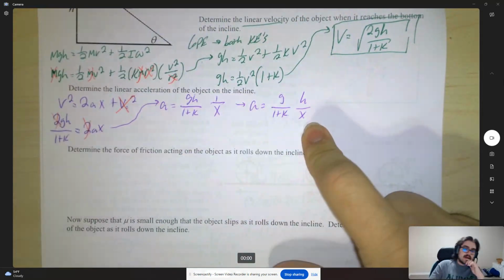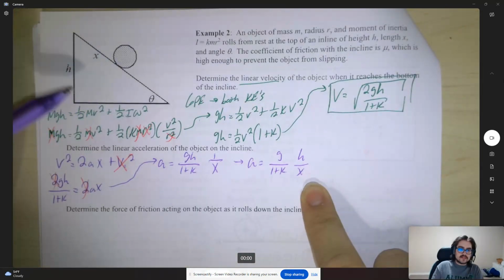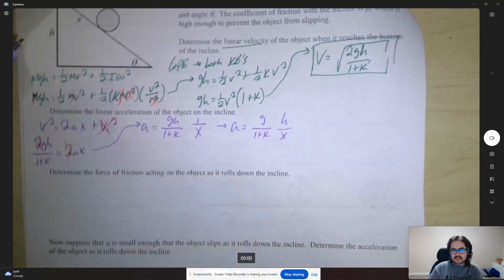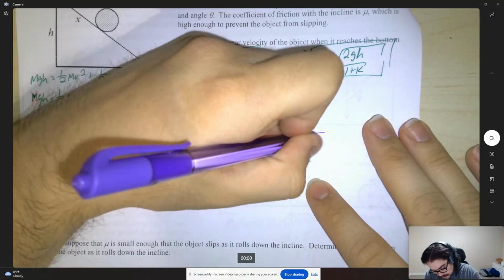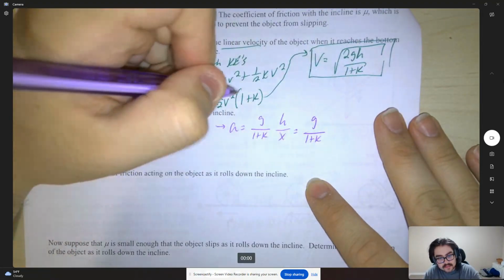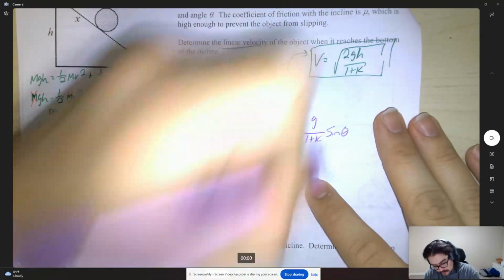When you do that, you've got h over x, opposite over hypotenuse. Hey, wait, isn't that sine? So this is the same thing as saying g over 1 plus k times sine theta.